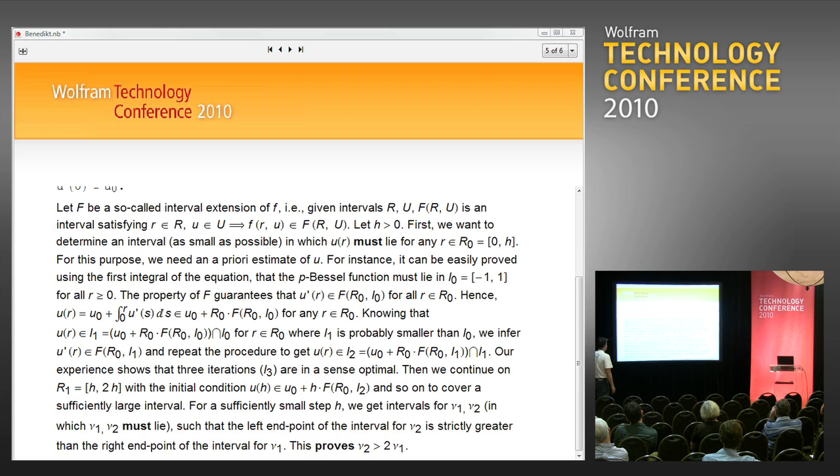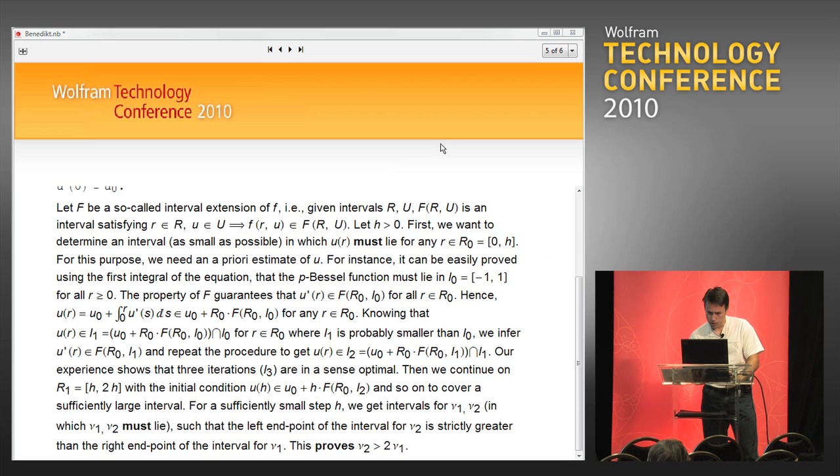So we cannot do any estimate, of course. So we must have an a priori estimate for the solution. I will denote it by I0. For instance, for our p-Bessel function, it is easy to show that the solution always lies between -1 and 1. I'll show it on a picture.